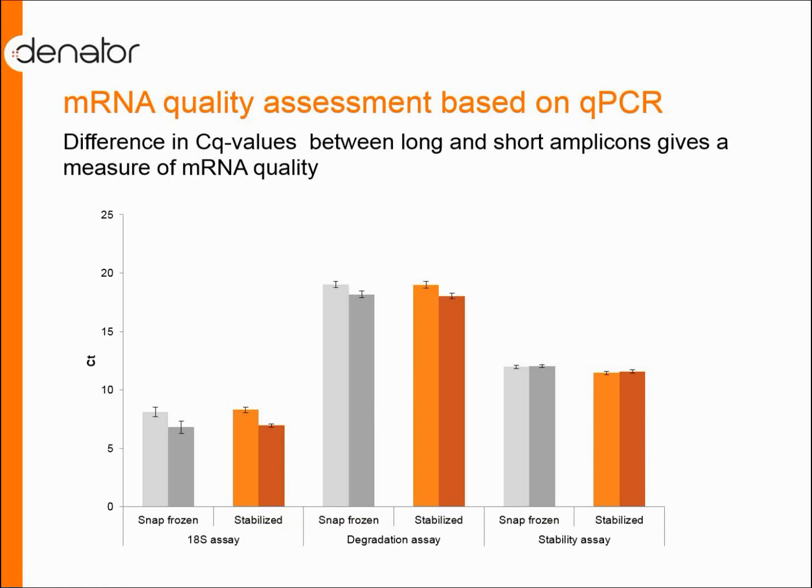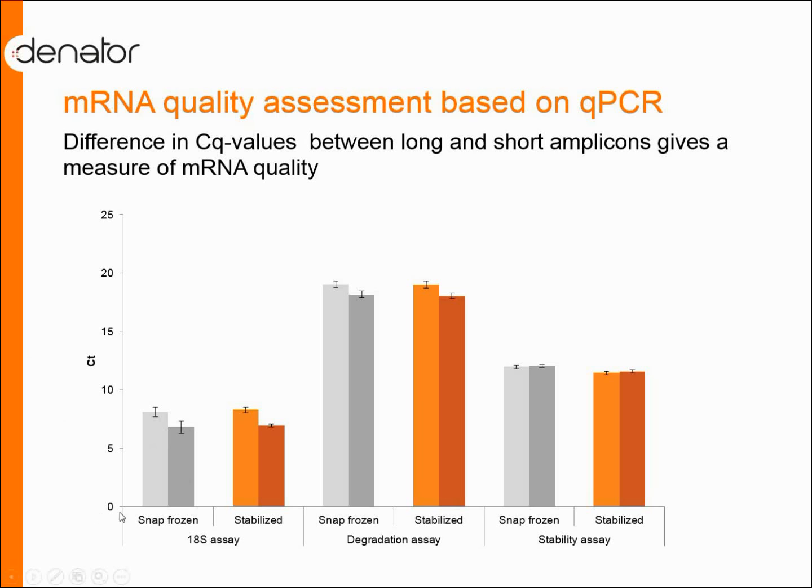If you do the comparison between ordinary snap frozen samples and stabilized samples, the left bar is the short amplicon, whereas the right in each pair is from the long amplicon.